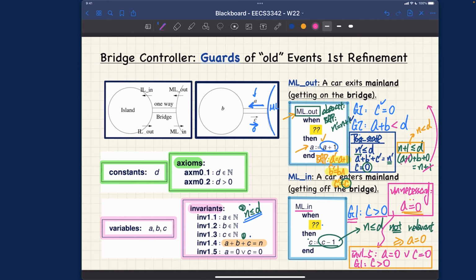We got a plus b is equal to n, right? And we know that n is strictly less than d. So all we need is a plus b should be strictly less than d. So that's really the G2 that we will get eventually, right?